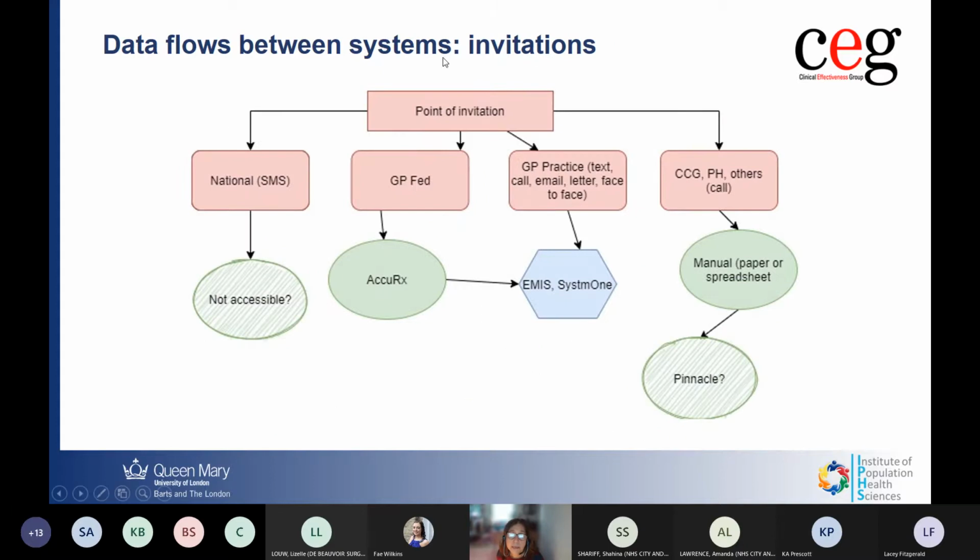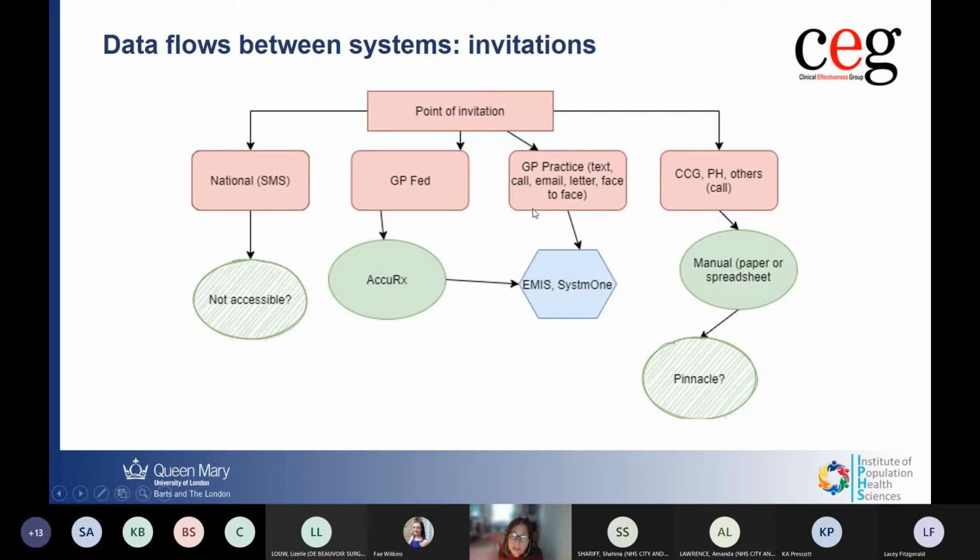Again, just looking at some of the data flows between the systems and invitations, this is slightly harder to know what's going on here, but we know that nationally, people are being invited via SMS and also via letters. In the GP practices you're getting invitations via Accurx. Those Accurx invitations will be coded with that code I said, the SMS text.